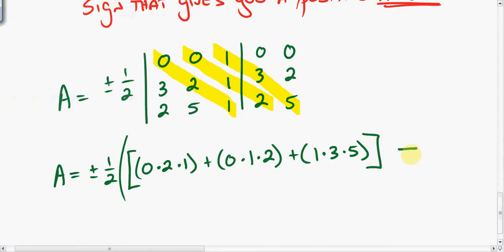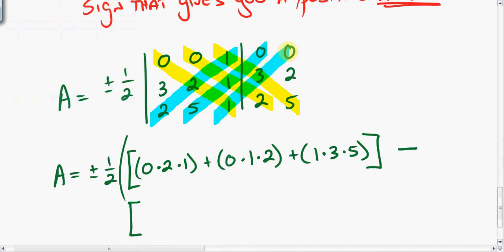And we're going to subtract from that the products of the next three diagonals, which is 2 times 2 times 1.